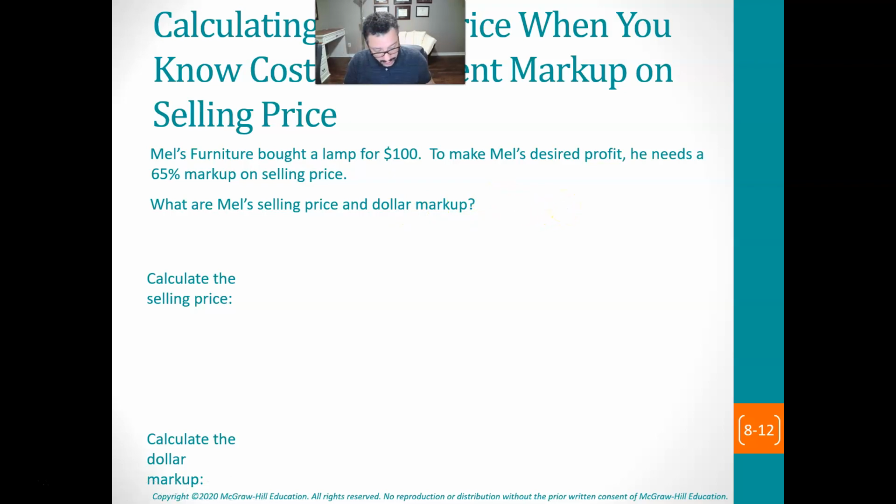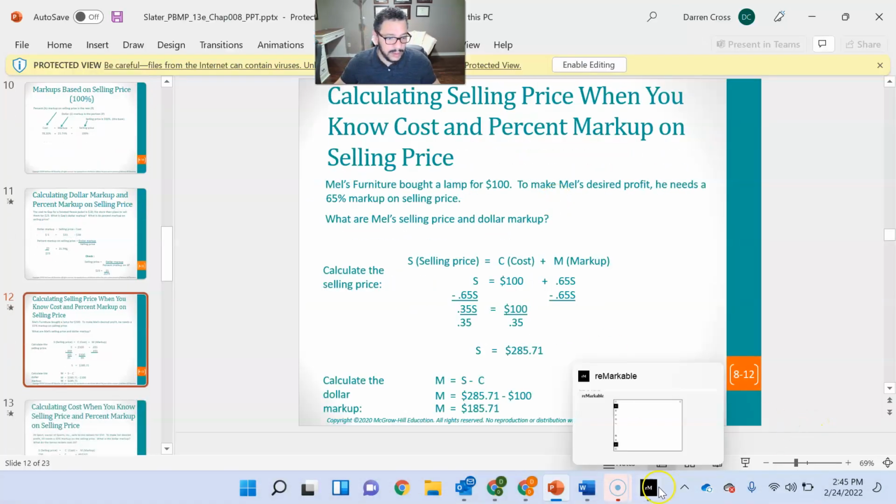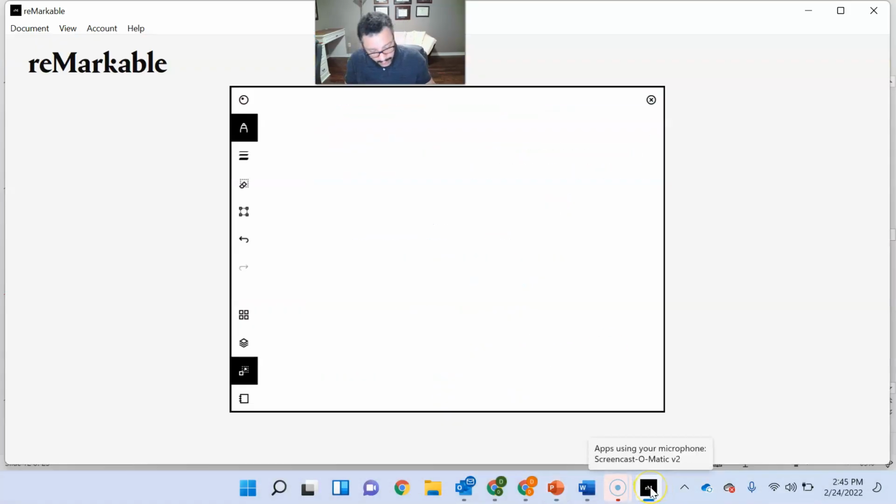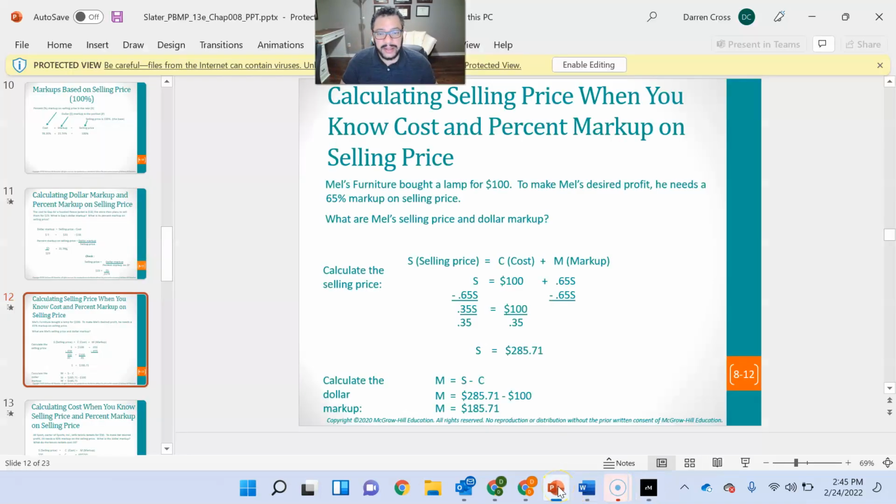All right, so let's do this again. Let me get rid of all this stuff. We're going to keep the same formula: S equals C plus M. And going back, what do they say? Mel's Furniture bought a lamp for $100.